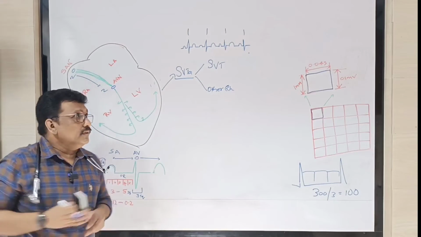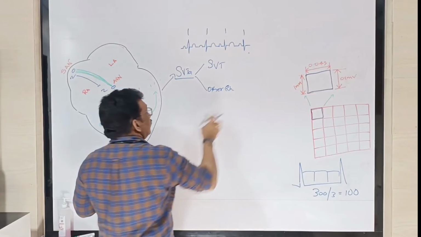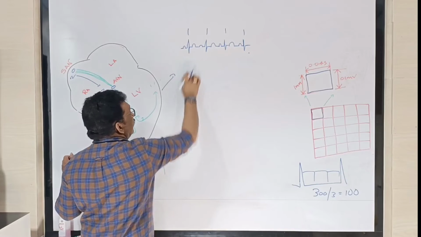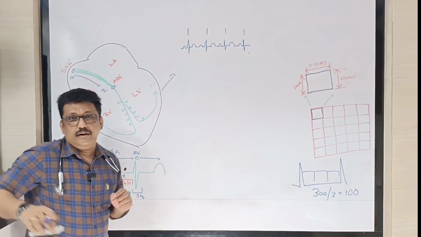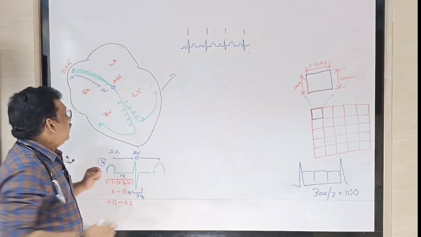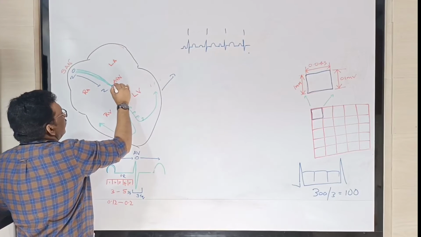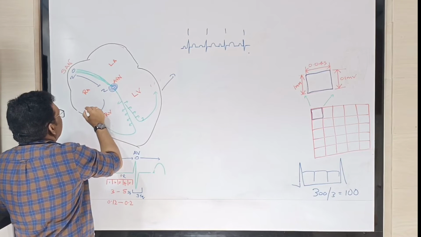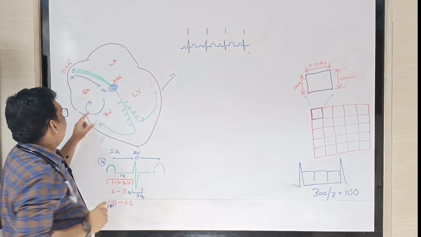We already told that if the heart rhythm is originating above the ventricle, that is in the atrium, that is called supraventricular tachycardia. It can be due to two important reasons. One is a re-entrant phenomenon occurring in the AV node, or a re-entrant phenomenon occurring in the AV area.